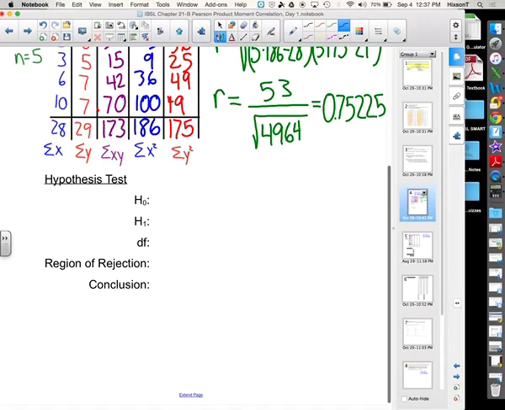There is no correlation between, in this case, we don't really have a situation, so we'll just say between X and Y. All right? So our alternative hypothesis is there is correlation.